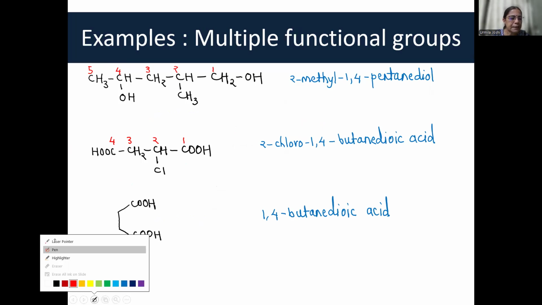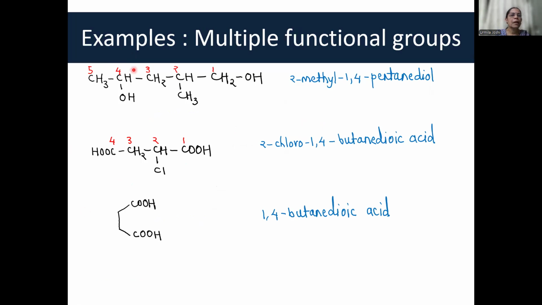Now in the first example, just see, there are two hydroxy groups. When there are two hydroxy groups, let us see how to name this. The numbering should be such that both the hydroxy groups get lowest possible number.